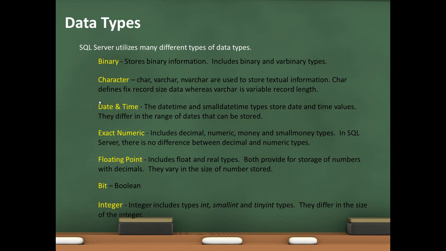And then we have an integer data type, and an integer is a whole number without a decimal place. Depending upon the data containers, we have int, smallint, and tinyint. Most commonly, I'm going to use an int data type.